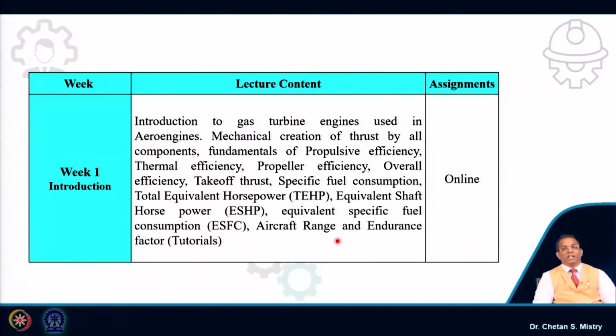Then we discussed the propulsive efficiency, thermal efficiency, propeller efficiency, overall efficiency, takeoff thrust, specific fuel consumption, equivalent horsepower, equivalent shaft horsepower, equivalent specific fuel consumption, and my aircraft range and endurance factor. So, overall, we started this course with all these fundamentals, and we will be using them again and again.